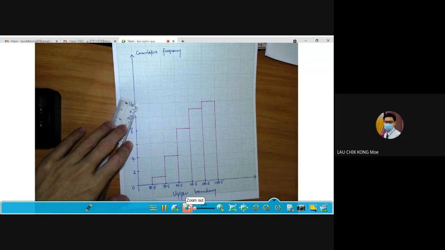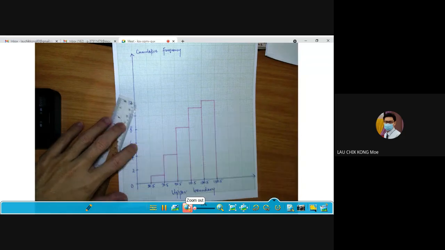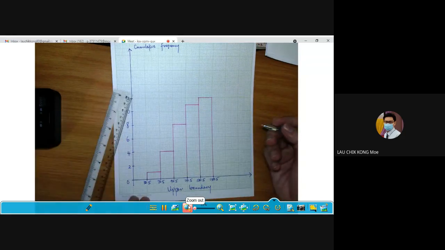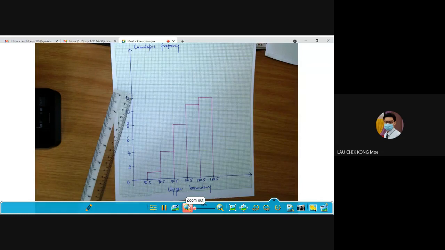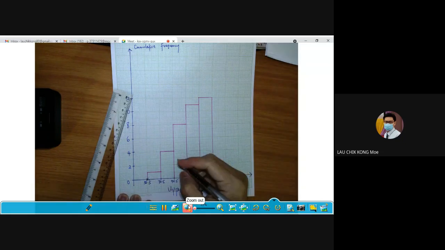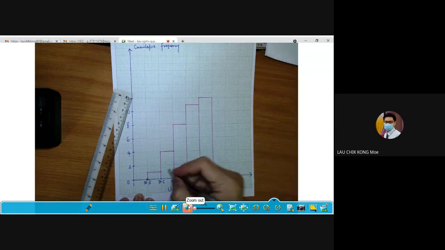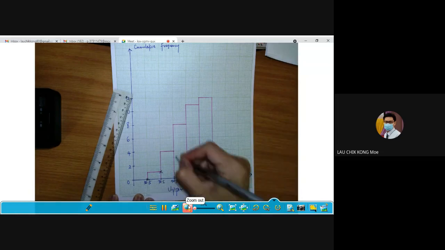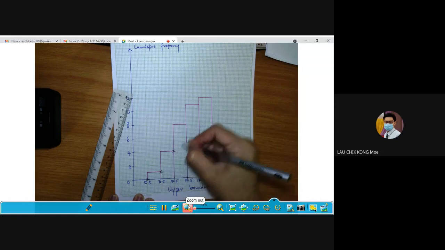Tapi akhirnya dia kata on the same graph, we want to draw the ogive. So the ogive, 50.5 is the first point, right? Okay, 50.5 is here. Okay, 0. And then 70.5 is 1. Sebenarnya dia pada hujung inilah.